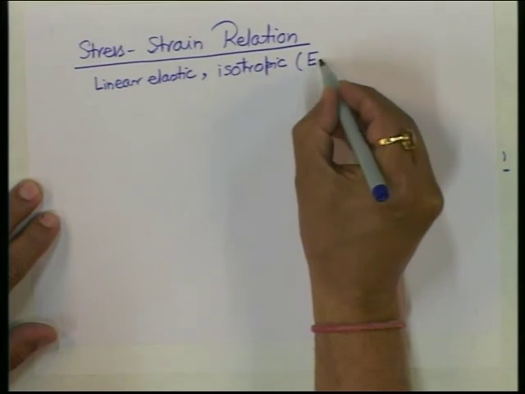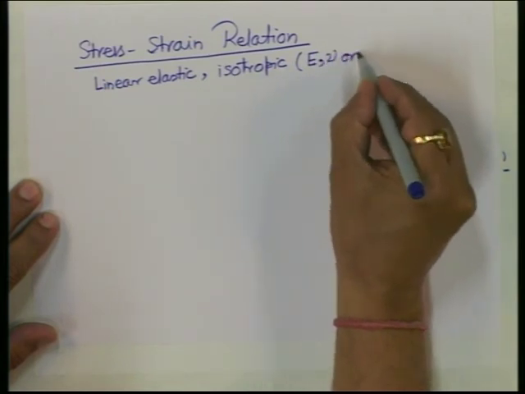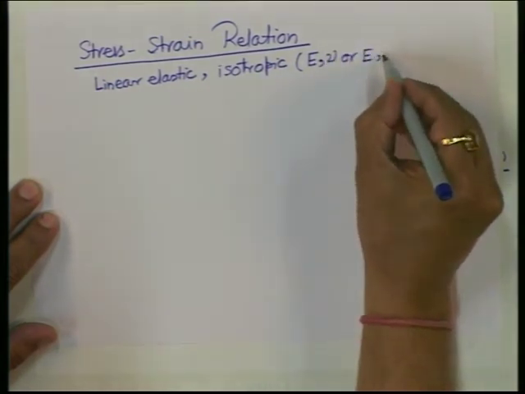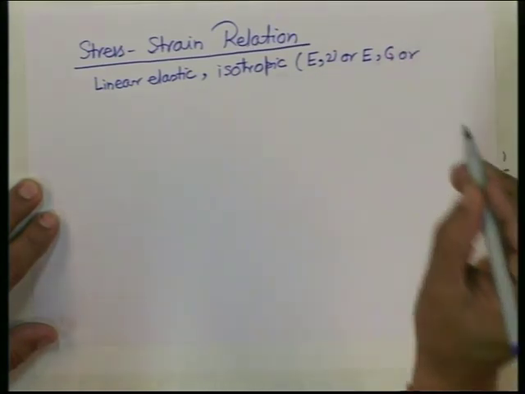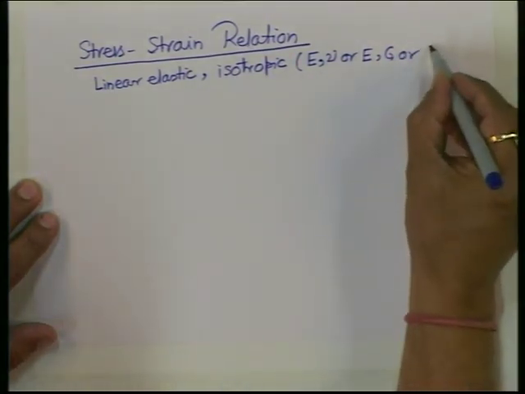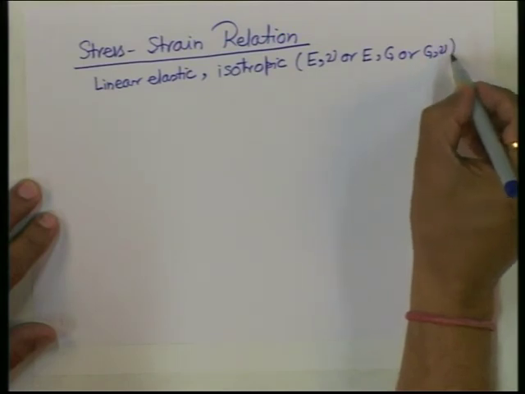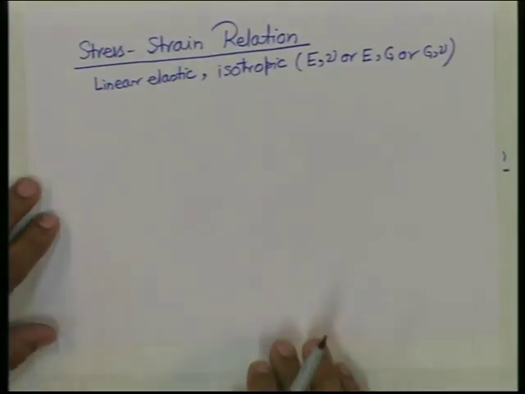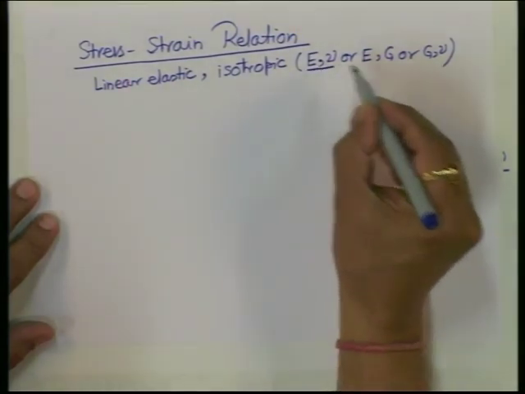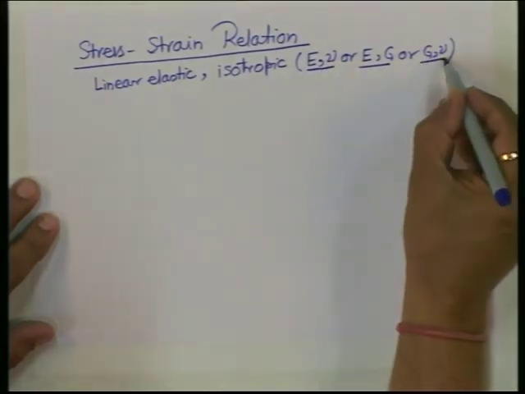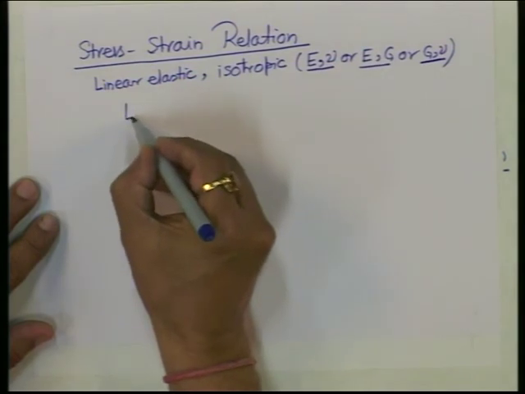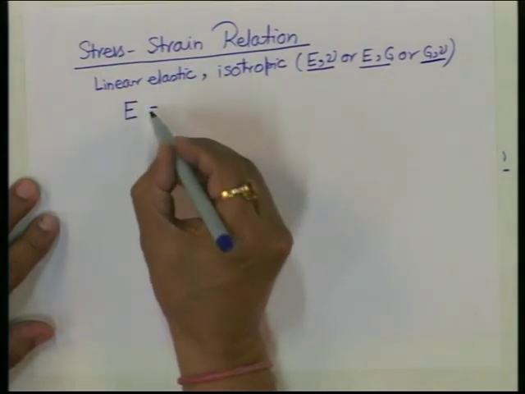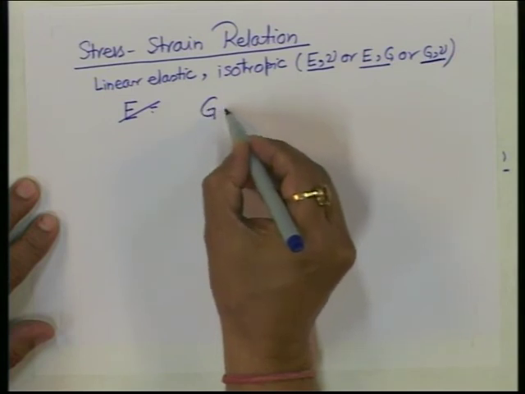No, we do not need three, we need only two. So for isotropic material you need only E and nu, or E or G, or G or nu, any combination of E, nu and G. You need only two constants, because this relationship exists for isotropic material.